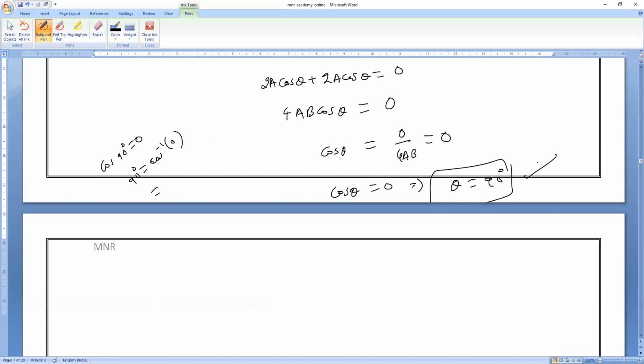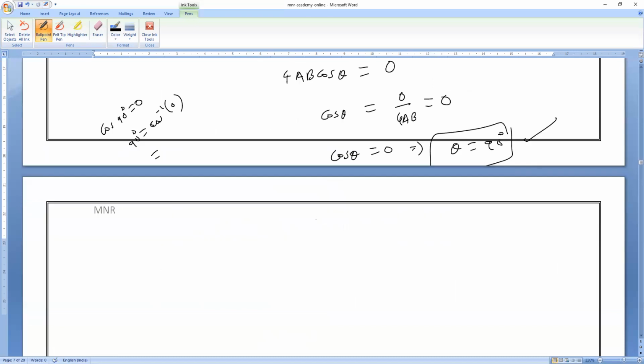Okay. But how is the resultant vector? Let us see. So all of you observe. If I make 90 degrees, this is the 90 degrees. Is it right or wrong? Everybody? Yes, sir. Then if I add A plus B, the resultant force will act here. That is A plus B. But if I want A minus B, then what do I have to do?